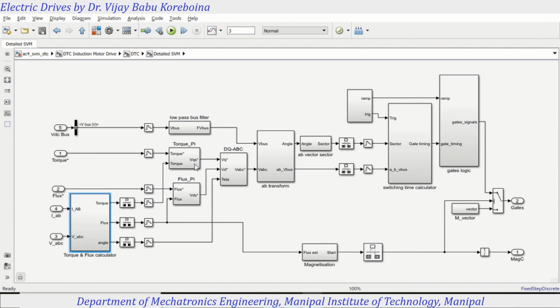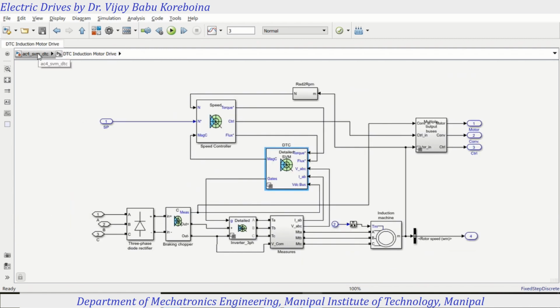IQS can be controlled by controlling VQS, and this is given by the AB transformation. Again, inverse transformations will be taken care of, and here you can find sector identification. Based on the angle, the entire 360 degrees is divided into 6 sectors, and based on the sector you give the switching pulses, switching time, and those pulses are given to the inverter. That is about the DTC.